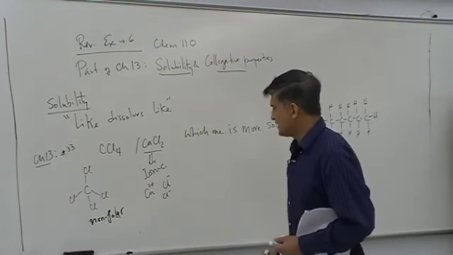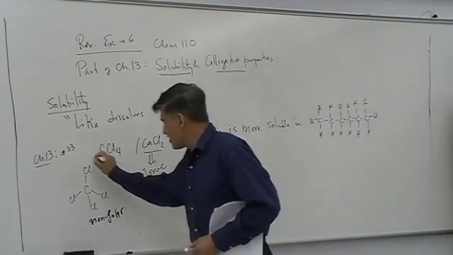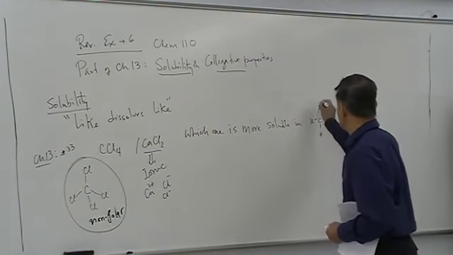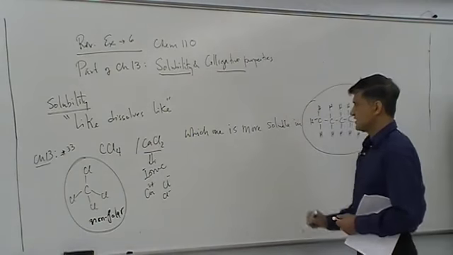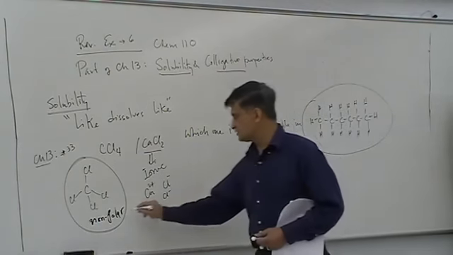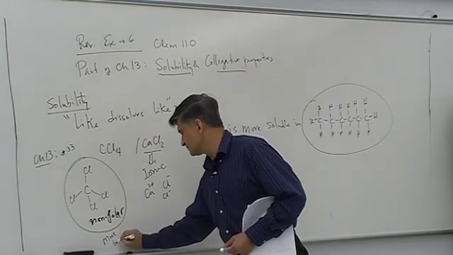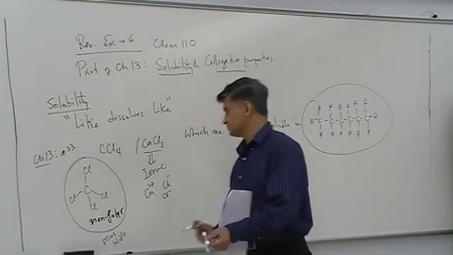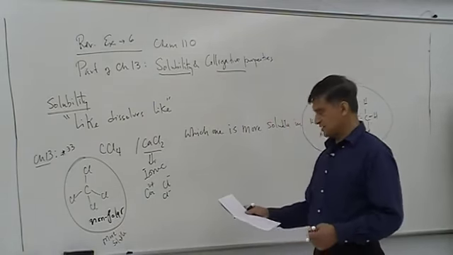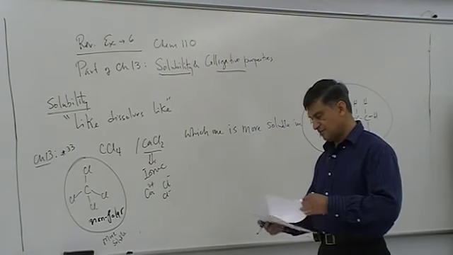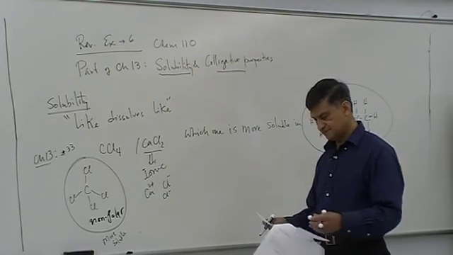So when I say like dissolves like, nonpolar CCl4 would be more soluble in nonpolar hexane. So this is going to be more soluble. So there will be a question like this in the exam where you need to analyze which one will be more soluble in a particular solvent.